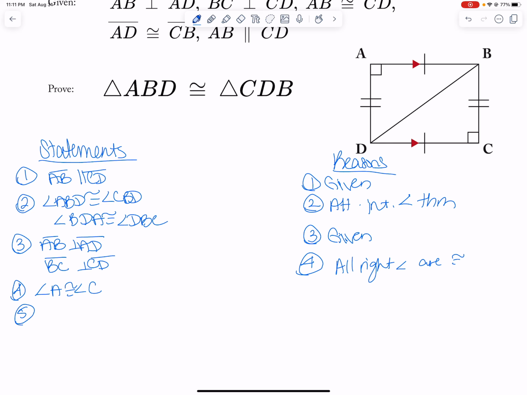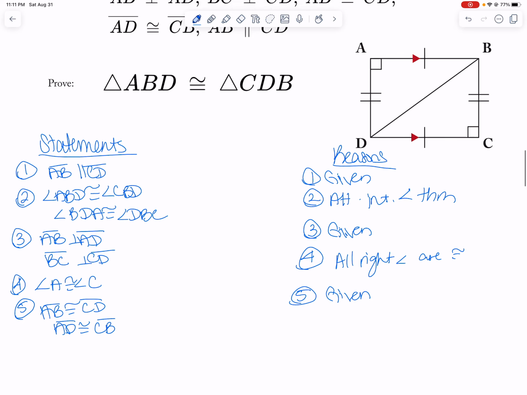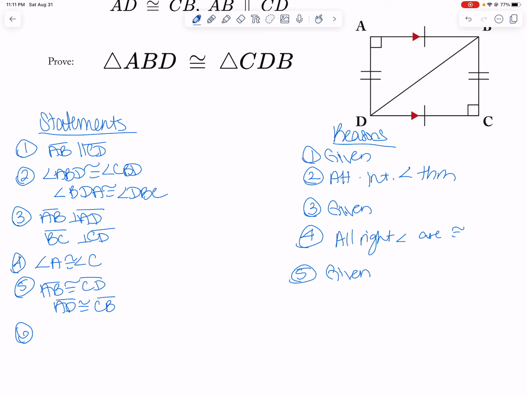And then 5 is AB is congruent to CD, and AD is congruent to CB. I was looking somewhere else, I looked up for a second and wrote the wrong thing. And that is given. And then 6, I don't know why my handwriting is so terrible tonight.